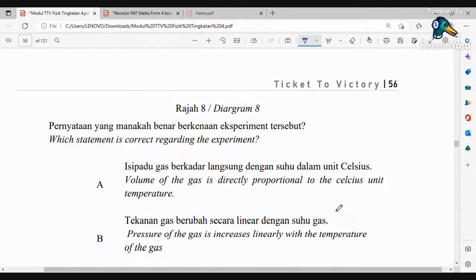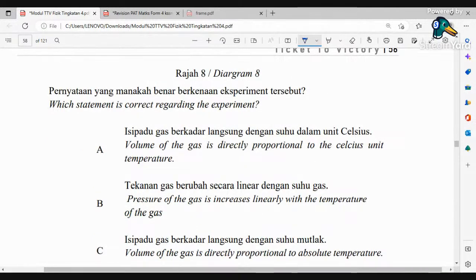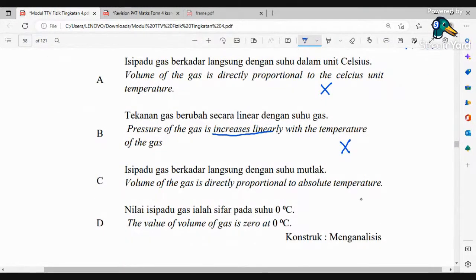Volume of the gas is directly proportional to Celsius temperature. This is wrong, as we know for Charles' law, T we call absolute temperature. Volume of the gas directly proportional to absolute temperature. This one is correct.